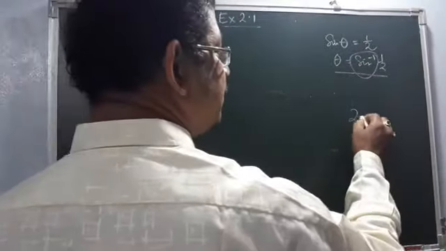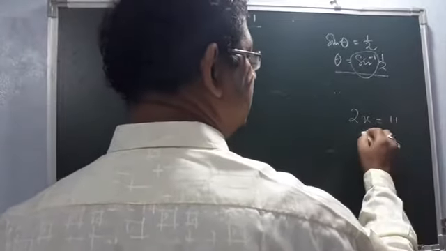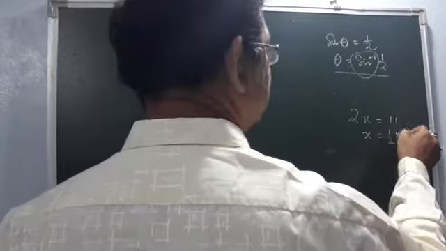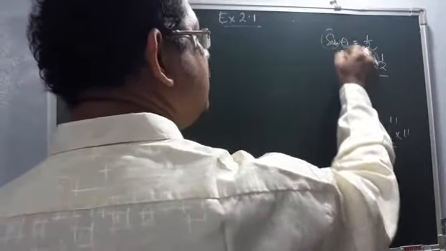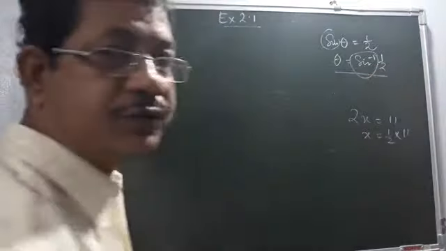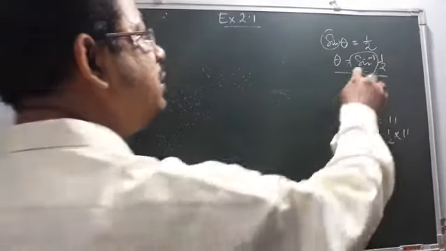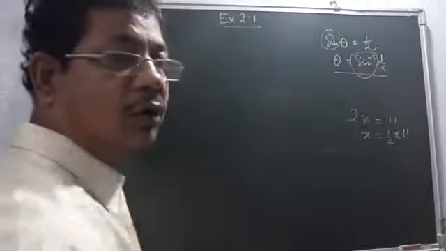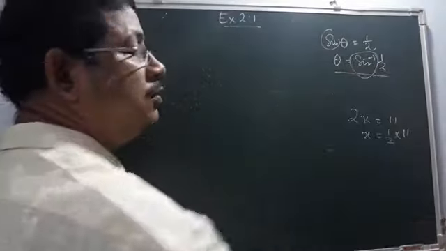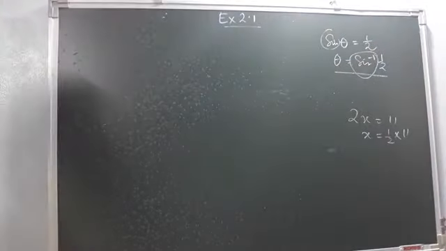Just like twice x is equal to, suppose, 11, then x can be written as half into 11. So here the similarity is that sine is going to that side and it becomes sine inverse. But don't think it is 1 by sine or like that, because it is a symbol.